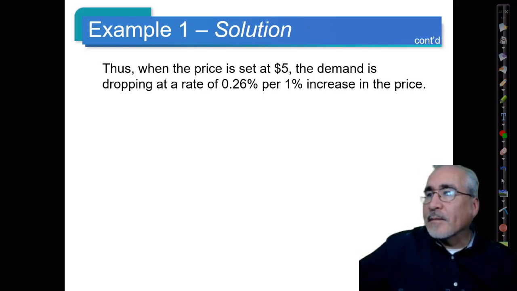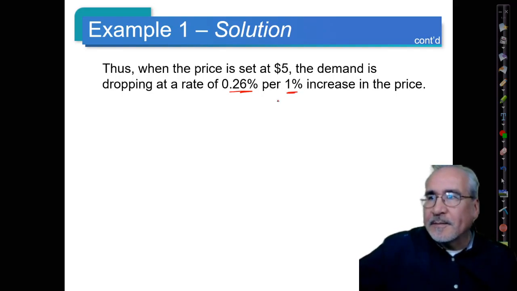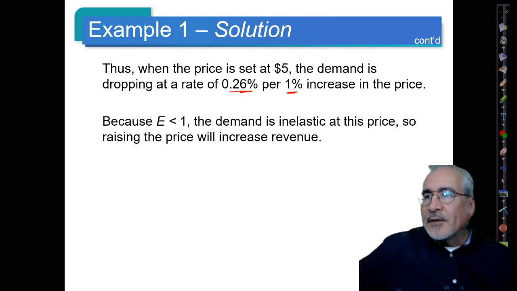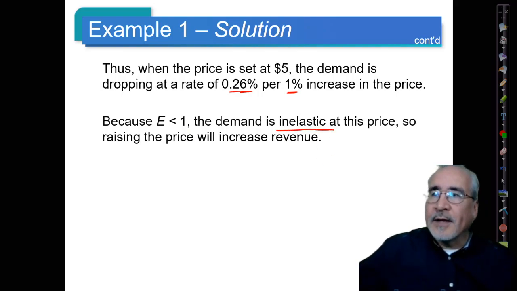Okay, did I get that right? That's good. I'm already picking up economics here. So the demand will drop 0.26% for every 1% increase in the price. Okay, so again, E was 0.26, it's less than 1, demand is inelastic. So what we want to do is charge more than $5.